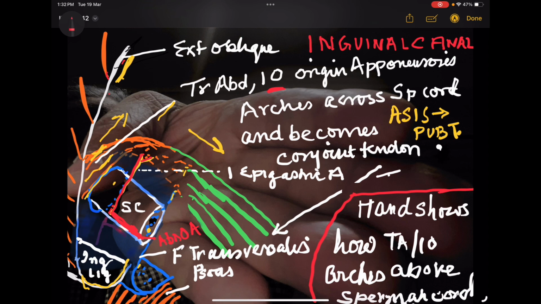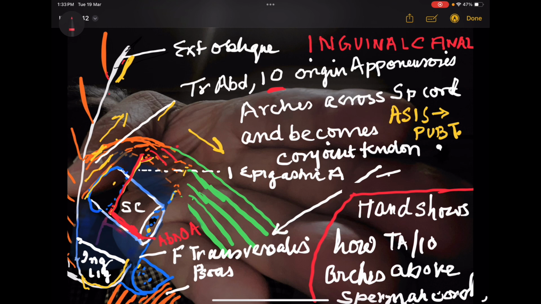The roof is formed by the arching fibers, and they end in the conjoined tendon, which strengthens the medial part of the posterior wall of the inguinal canal.